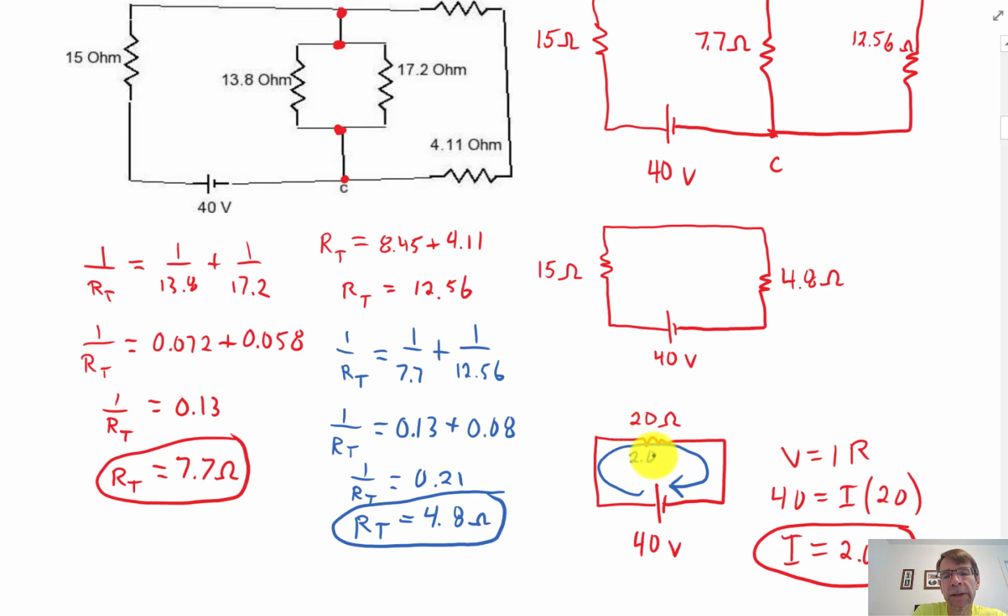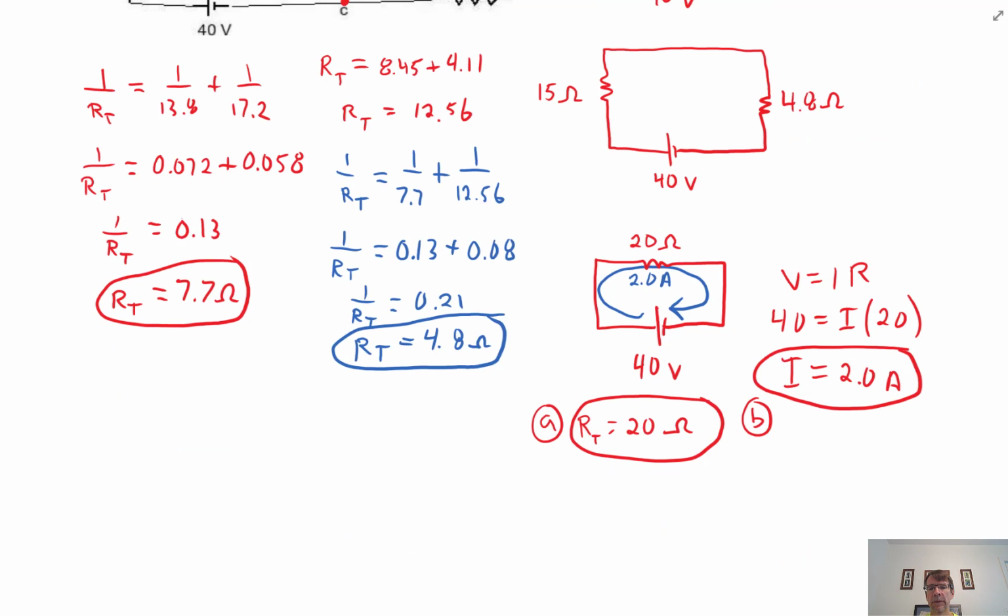So I'm going to write that down, 2.0 amps of current, coulombs per second, going through the resistor and going through the battery everywhere. Every point in that loop, like you saw in the simulation, everything's moving like musical chairs at 2 coulombs per second, passing each point. All right, so that answers part B of the question, the current in the battery. The total overall circuit resistance was part A, 20 ohms.